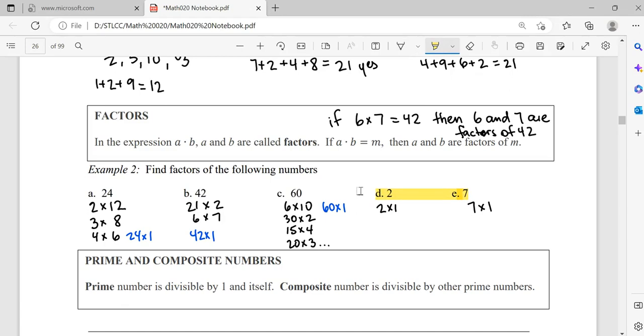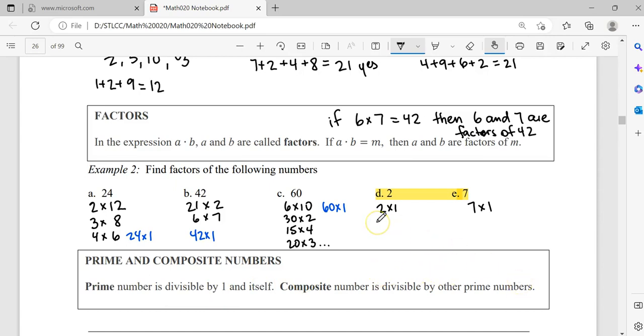So now we're ready to talk about the prime and composite numbers. In part D and E, because there was only one way of writing those numbers as a multiplication problem, we call them the prime numbers. Prime numbers are divisible by 1 and itself. Composite numbers are divisible by other prime numbers.